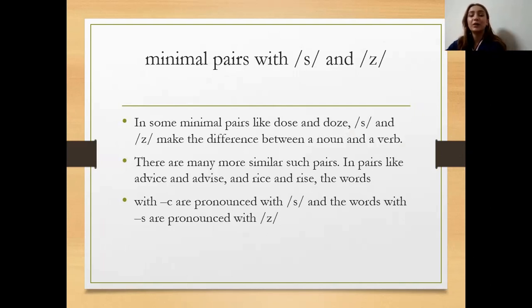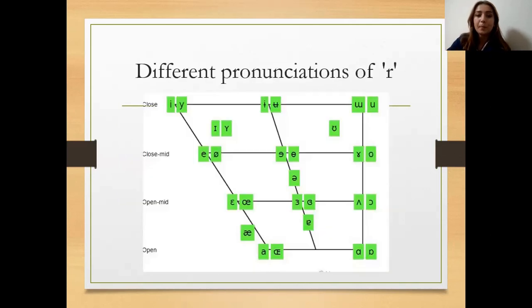To be honest, I couldn't always distinguish them, but this Mooc helps me understand it better. There are many more such pairs, like advice and advise, a noun and a verb, and rise and rise. Sometimes when you hear it, you can't tell, but I think you understood better. The words with C are pronounced with S, and the words with S are pronounced with Z.